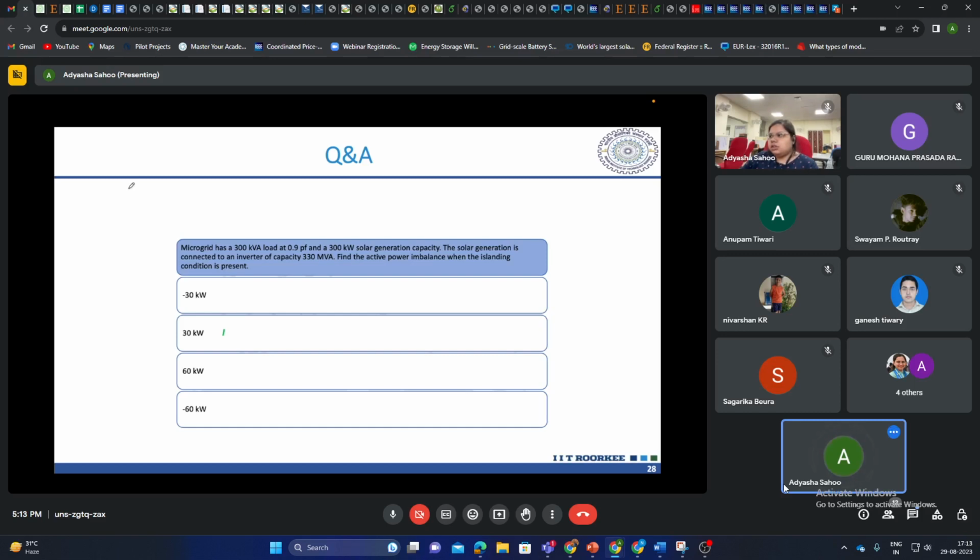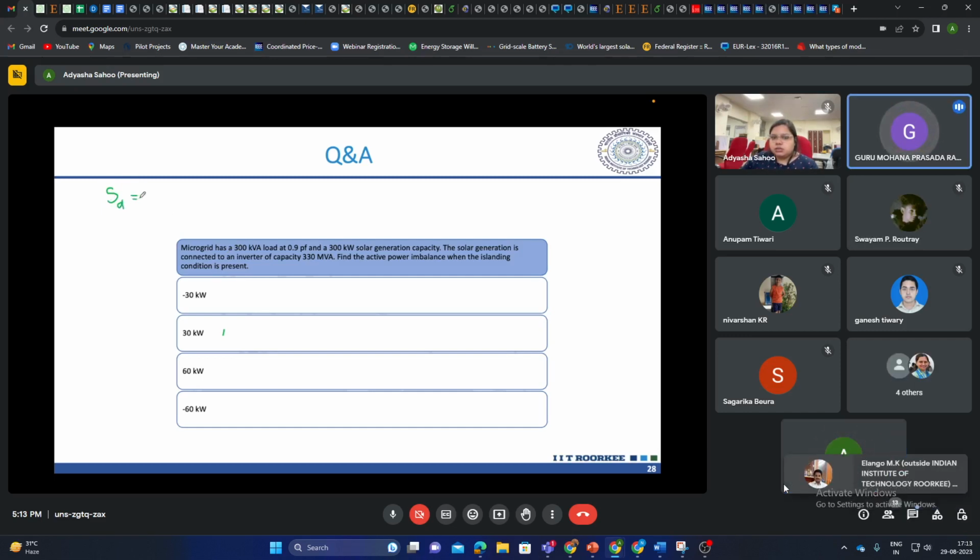Okay, Guru Mohana sir, can you help me with how you proceeded for the solution? Ma'am, the active power load is 300 kVA at 0.9 PF, that is 270 kilowatts, and the generation capacity is 300 kilowatts. So I have come to the conclusion that it's a difference of 30 kilowatts.